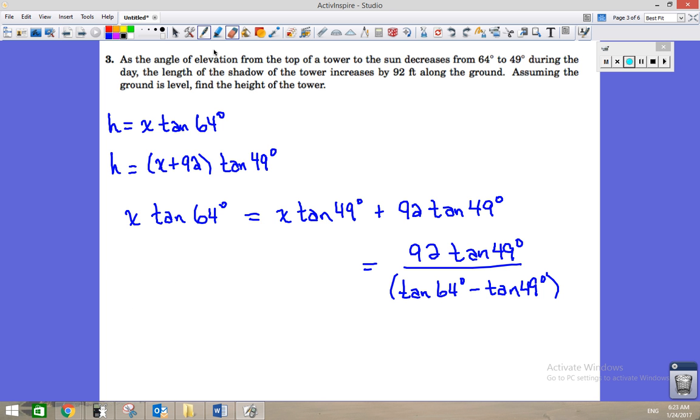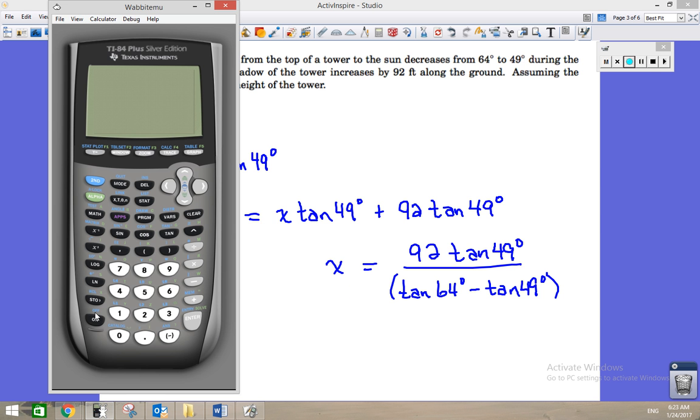And if I punch that into the calculator, I'm in degrees, rounding to 1 decimal, that's fine. I've got 92 times the tangent of 49.